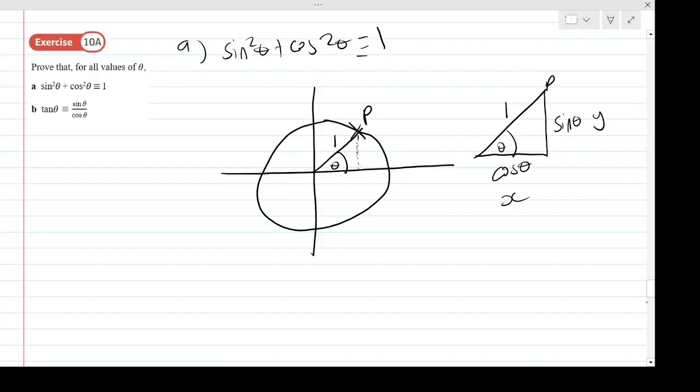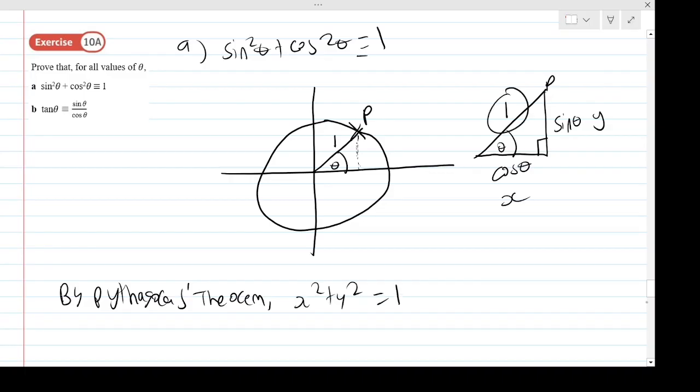Now, we know that by Pythagoras' theorem, the opposite and adjacent squared, so x squared plus y squared, would then equal the hypotenuse squared, which is 1 squared, which is 1.